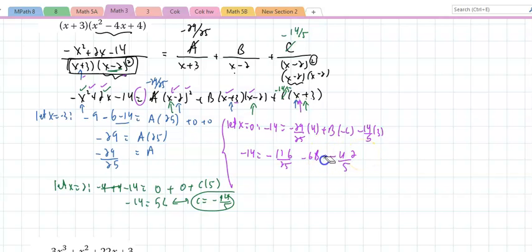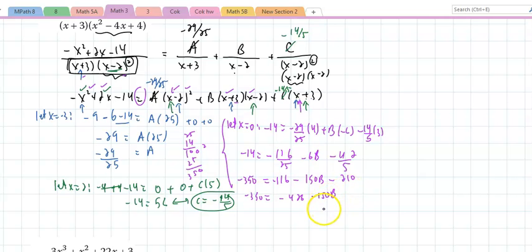The LCD is 25, so negative 14 times 25, 350. Negative 116, 25 times 6 is 150, and times 5, 42, that's 210. So this is negative 350 equals negative 426, I think. Yeah.